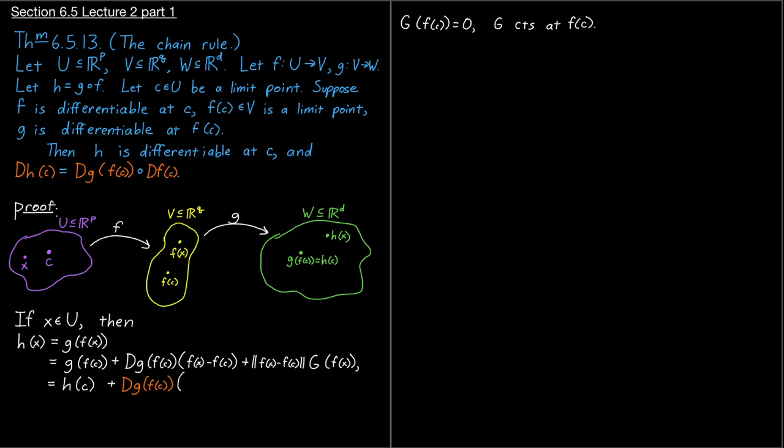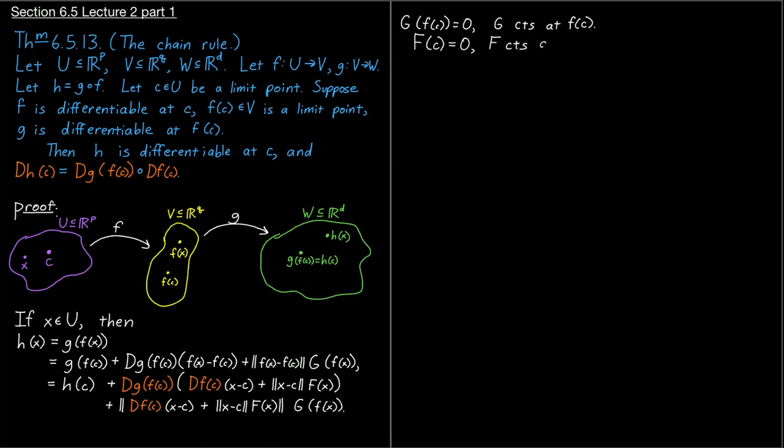F of X minus F of C. That's DF of C at the vector X minus C. And then you add to that the norm of X minus C times some big F of X. And then we've still got our F of X minus F of C. That's the norm of DF of C evaluated at X minus C, and then the norm of X minus C, big F of X. Then there's a big G of F of X. And where big F, of course, F of C is 0, big F is continuous at C.